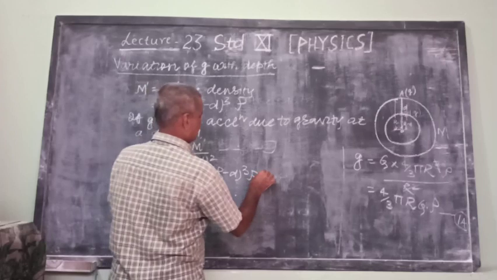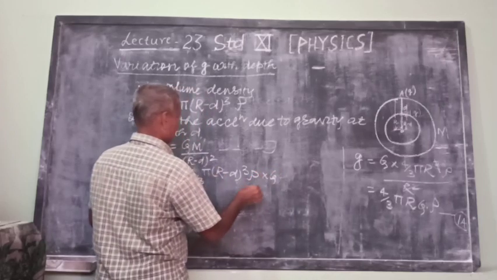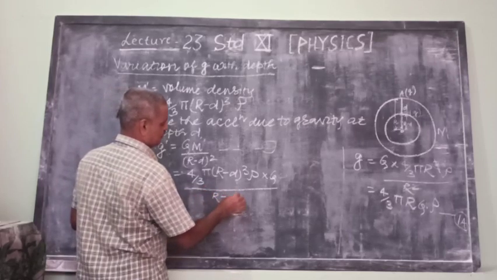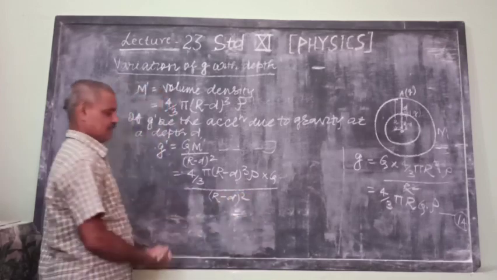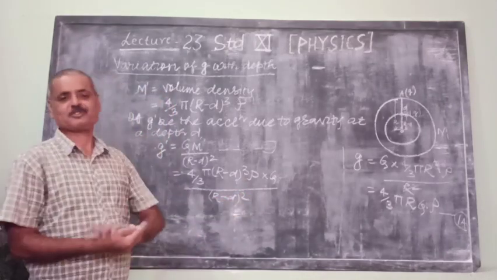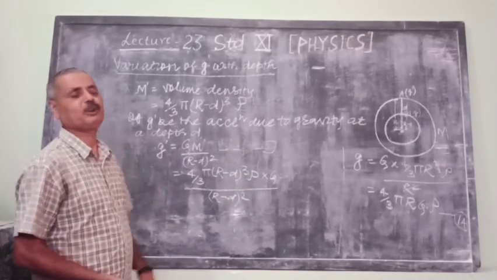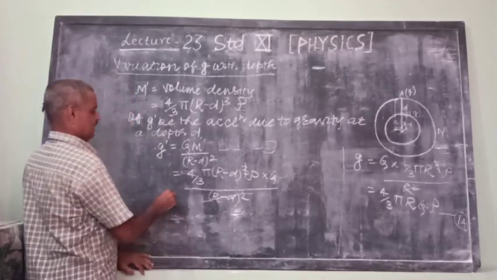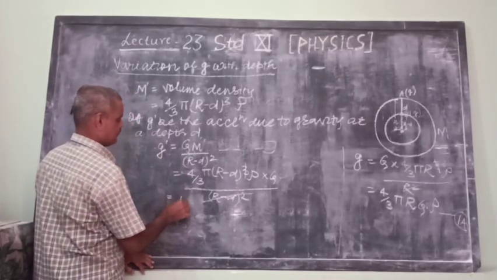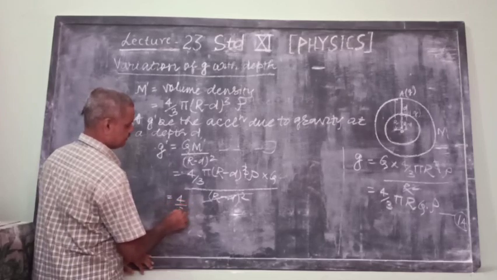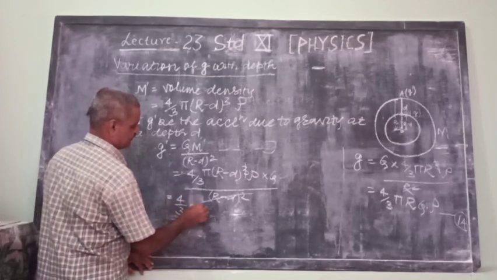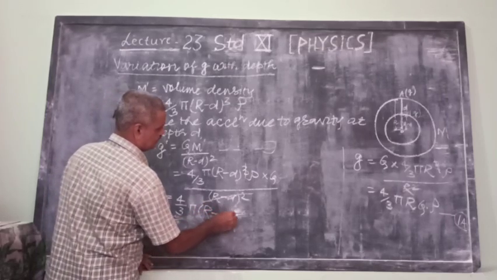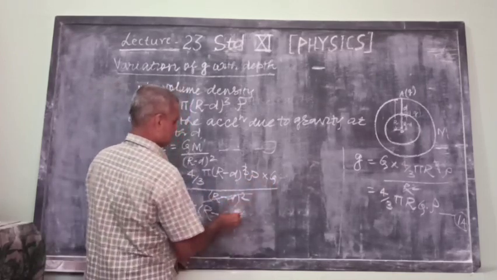It will be multiplied by g and divided by r minus d whole square. This is your r minus d whole square, and this part is r minus d whole cube. So this whole square will cancel this part, and finally we can write 4 by 3 pi r minus d into rho into g.